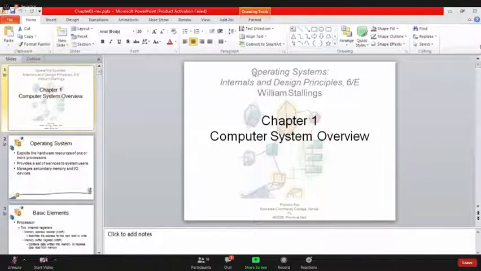Can you see the PowerPoint screen? Yes, sir. The name is Operating Systems, Internals and Design Principles, 6E, meaning 6th edition, by William Stallings.